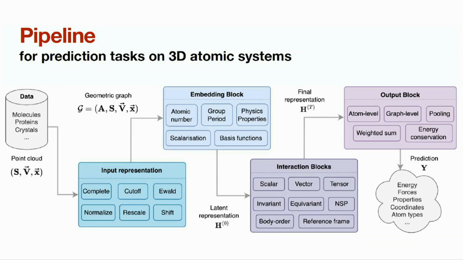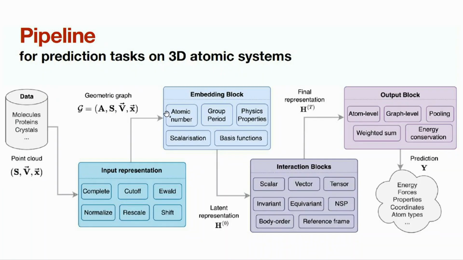So in the geometric graph, you may not have this edge defined previously, and in this input representation stage, we may think about different pre-processing steps to create the graph, basically define the neighborhood structure from these pre-processing steps.